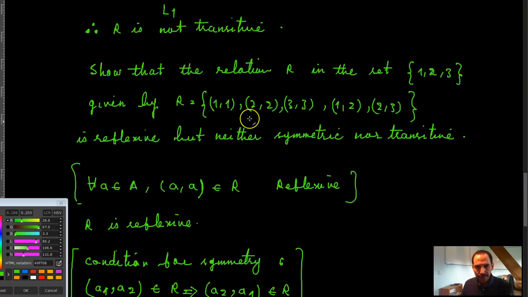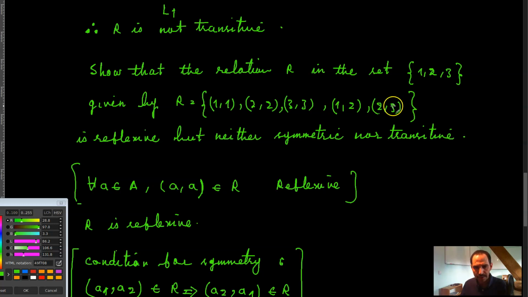Now over here you can see that (1, 1) belongs to R. So (1, 1) is of course symmetric with (1, 1). There is no problem with that. (2, 2) is symmetric with (2, 2), and (3, 3) is symmetric with (3, 3). (1, 2) is symmetric with (2, 1), which is not there.